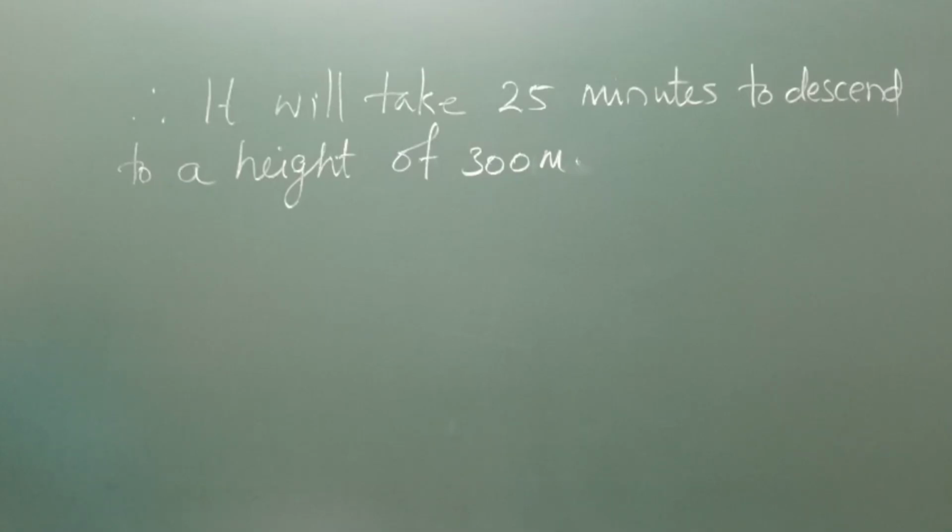Then we found the time required to travel that 1500 meter. Time is equal to distance upon rate, 1500 upon 60, and we get the answer 25 minutes. So the final statement is it will take 25 minutes to descend to a height of 300 meter. This is how we have to solve this problem.